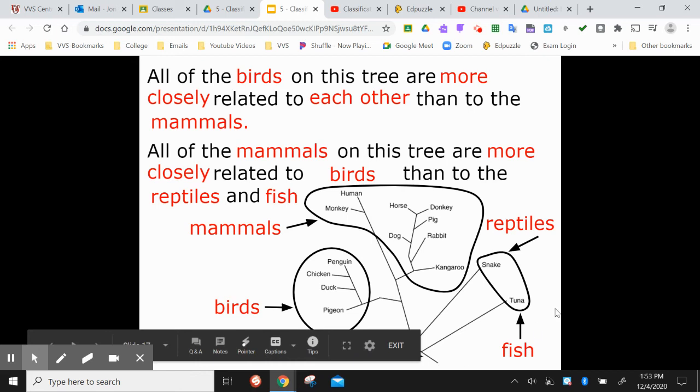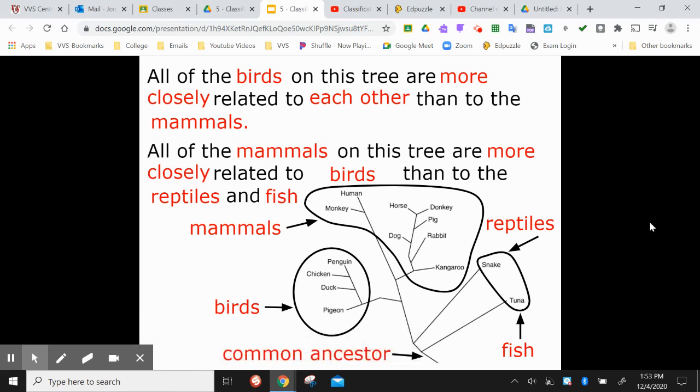So the further up the tree you go, the more branching you get, the more closely related they are. For example, humans and monkeys have a common ancestor right here, very closely related. Humans and monkeys are more closely related to each other than they are to horse, donkey, pig, etc. So the closer the branches are to each other, the more closely related the species are.